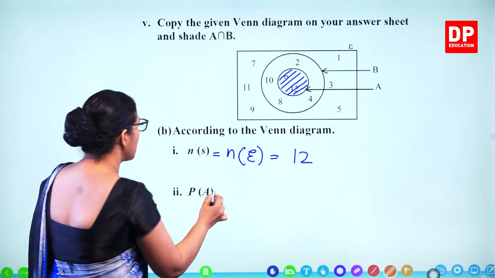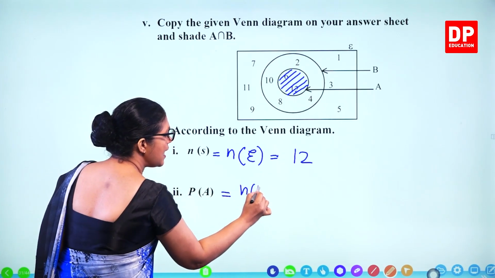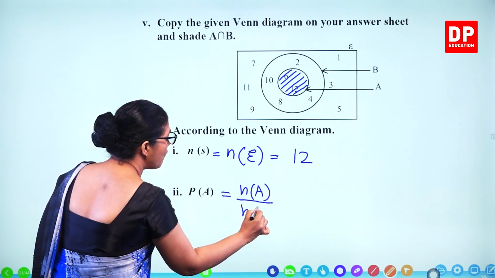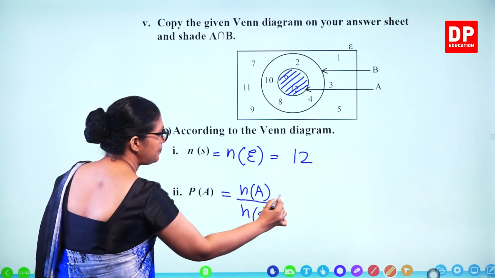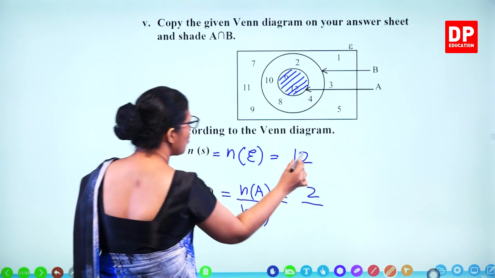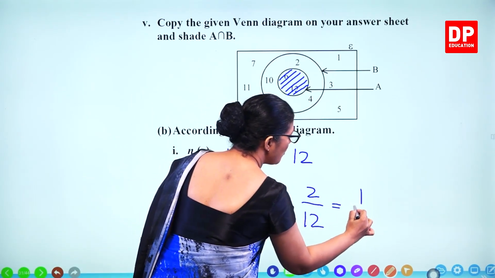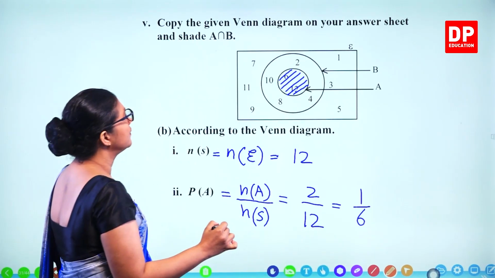That's 12. What's the probability of getting A? That's the number of elements in A divided by the number of elements in S. In A you get only 2 elements out of 12. Simplify, you get 1 over 6.